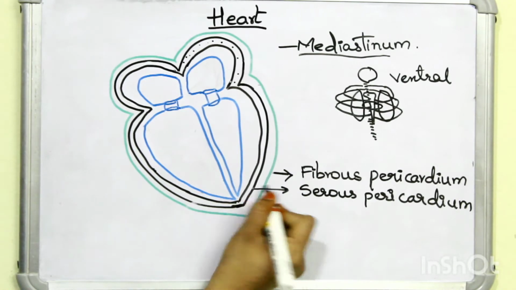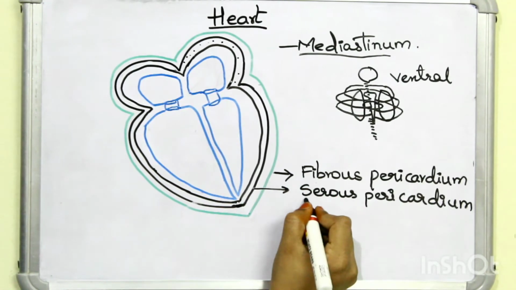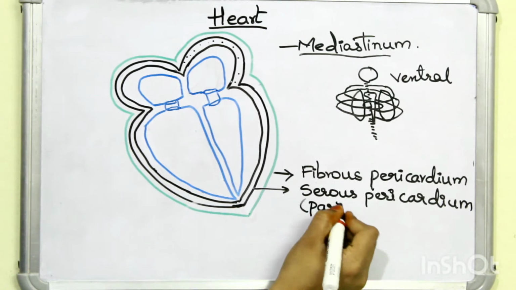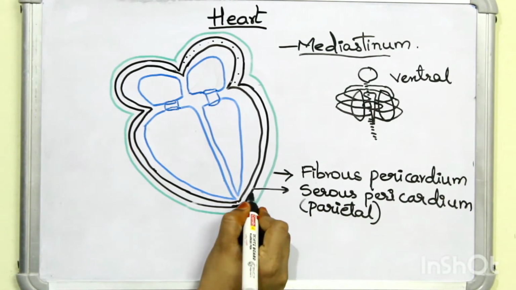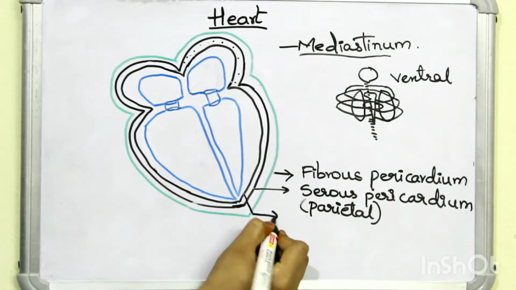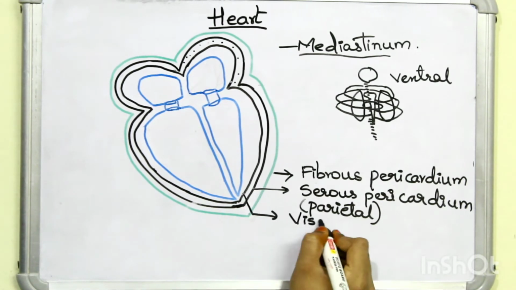The outer layer, just next to the fibrous, is known as parietal. The one inner to this parietal is the visceral pericardium.